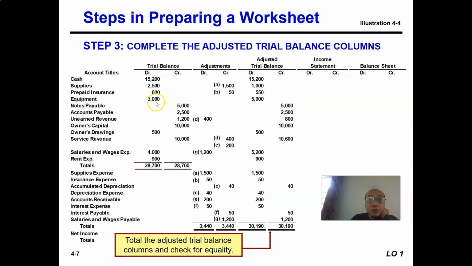Similarly, we do this for all of the accounts here, including the added accounts. For example, for supplies expense, we don't have an original amount, but we have the adjustment amount, the debit of 1,500, and therefore the adjusted trial balance should have a debit side of 1,500 as well.